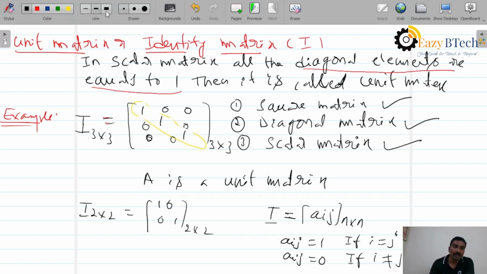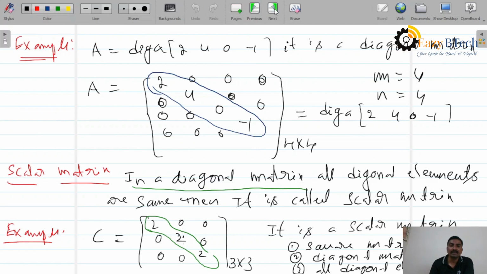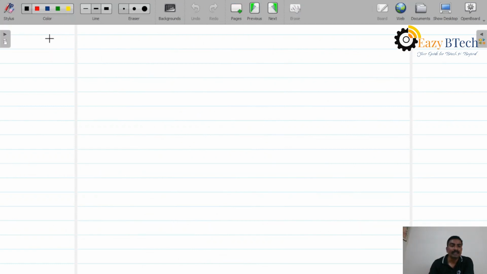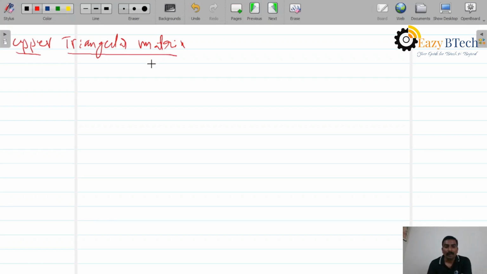Now come to the upper triangular matrix. What is the upper triangular matrix here? Simply we can understand by using the diagonal matrix. See the next one, upper triangular matrix. Upper triangular matrix means all the elements which are below the principal diagonal are 0, then it is called an upper triangular matrix.